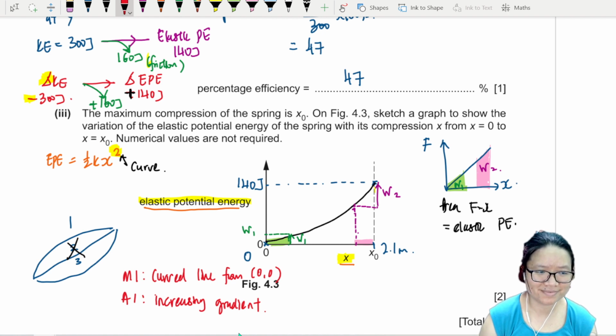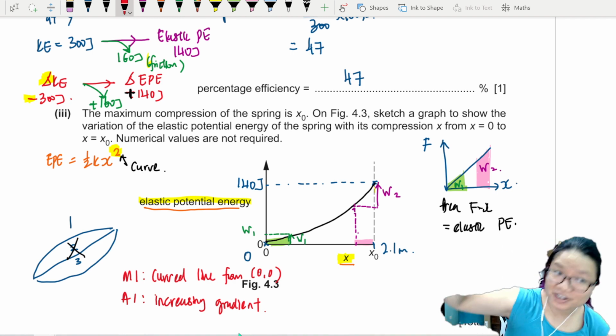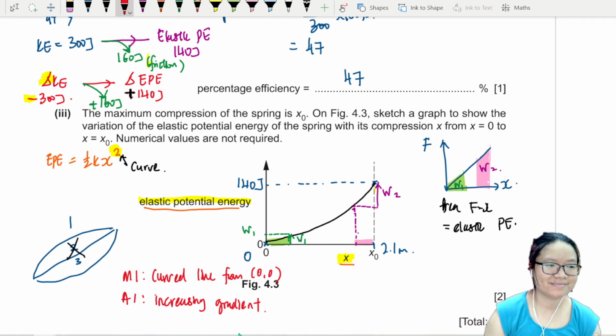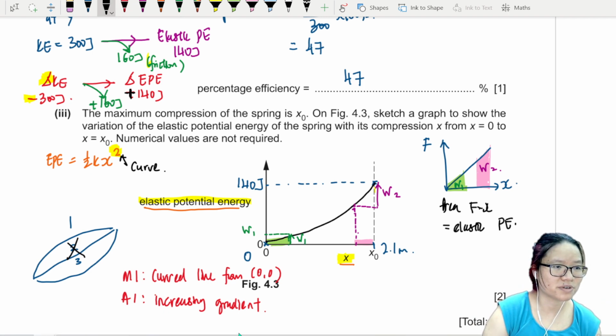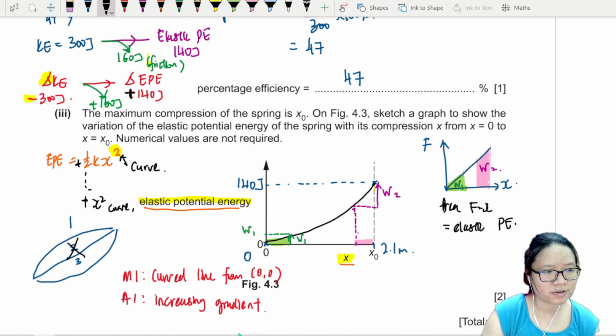Okay. If you draw curve, you can get 1 mark. If you curve in the correct direction, then you will get second mark. But there's positive here. So basically what we're looking for is positive x squared curve. That's why I include a positive sign here.